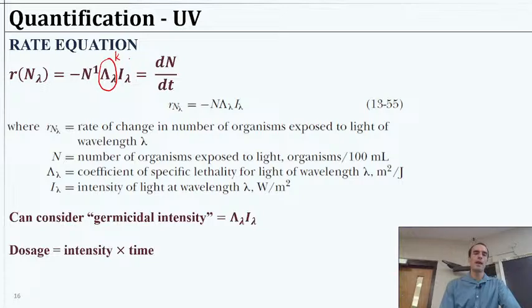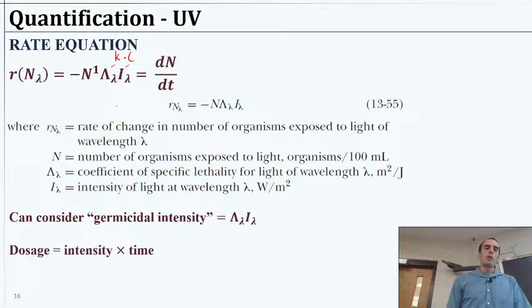This is like a k times I, where I is the intensity of light. So the analogy is, in our chlorine system or our chemical disinfectant, we have k times C. In this case, we have lambda times intensity. Each of these is specific to the wavelength of light. So if we did a wavelength of 200, that's a lot different than 300, right? So this can actually change quite a bit.